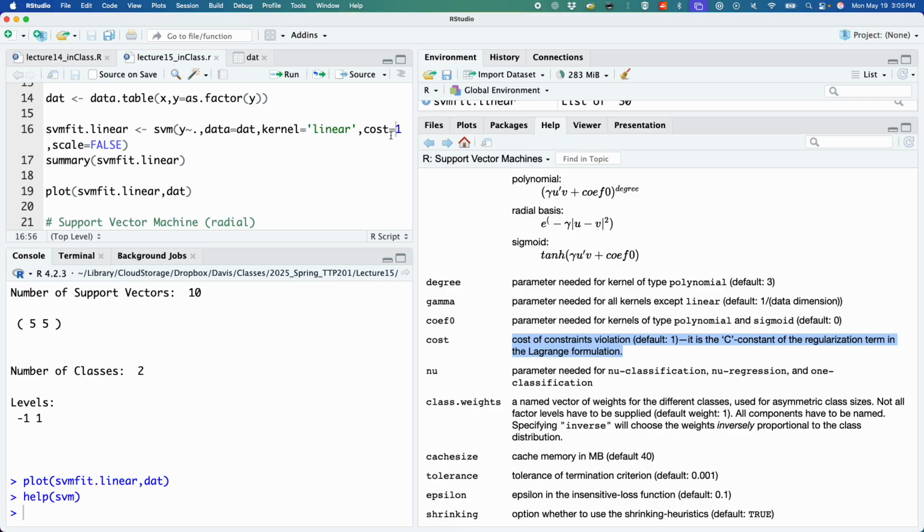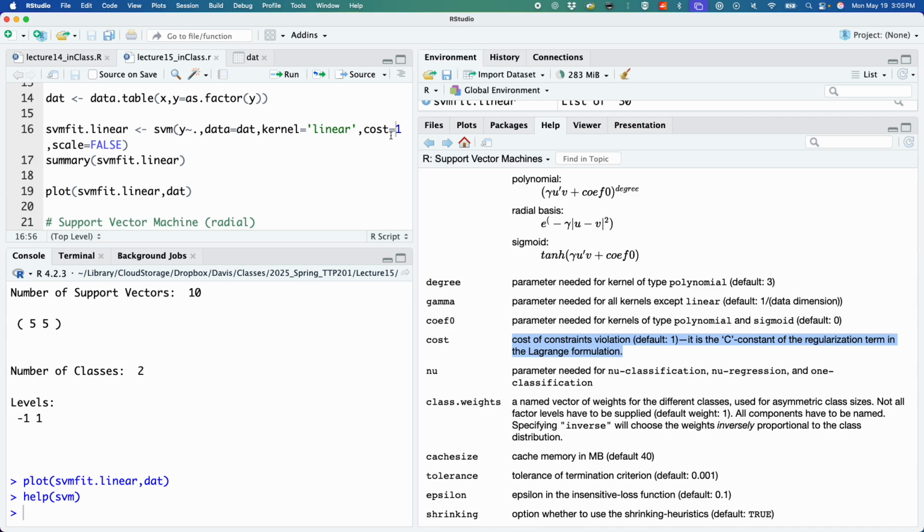Setting it smaller means you're allowed to have fewer violations, and changing the epsilon is how severely we penalize the violations. I guess it's the other way around: if you make it big, you can have fewer violations because the cost is high. The cost is a penalty for one violation, so a high cost means higher penalties for violations, which means fewer violations, right?